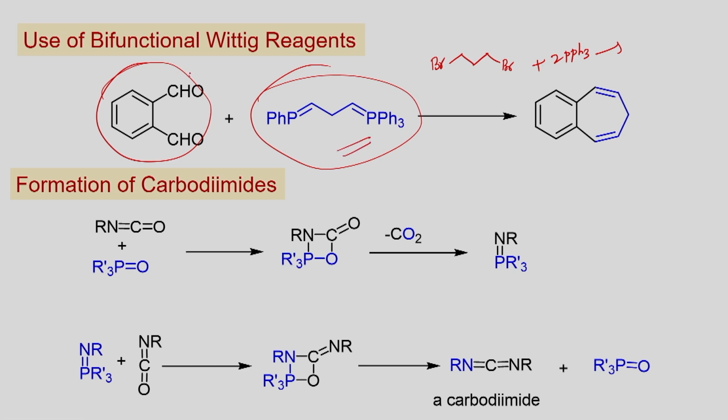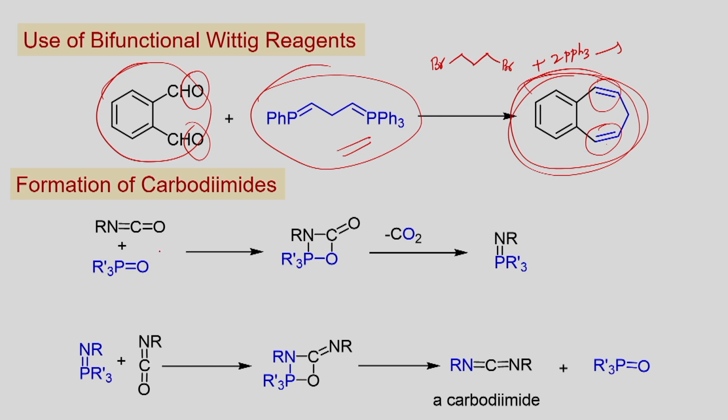Once you form the ylide, you can react with this aldehyde. In this way, you will be able to form this cyclic system where you generate two double bonds using this reagent. In this way, you will be able to form the cyclic diene derivative as the product.